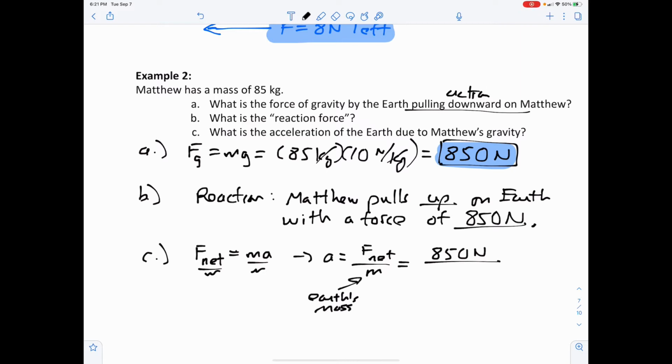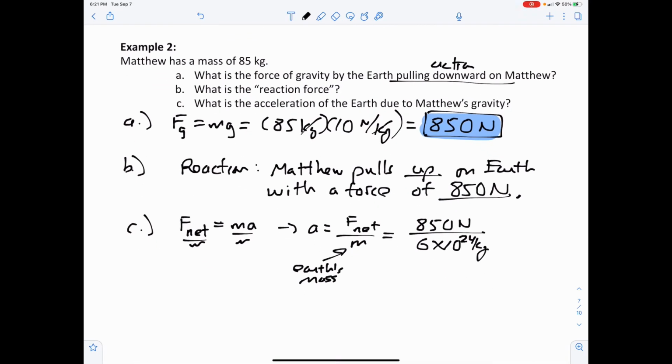Earth's mass is pretty big. It's 6 times 10 to the 24 kilograms. If we divide those two, we get an acceleration. Go ahead and pause the video and throw that in your calculator. We get an acceleration of 1.4 times 10 to the negative 22 meters per second squared.